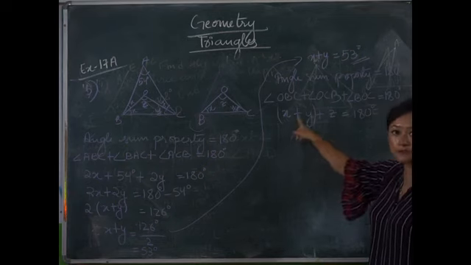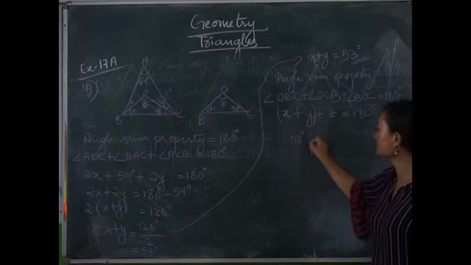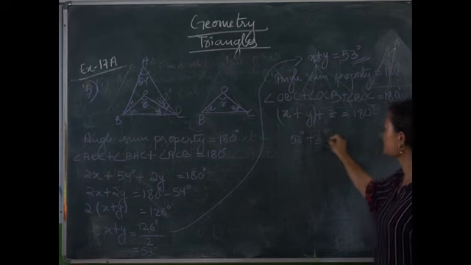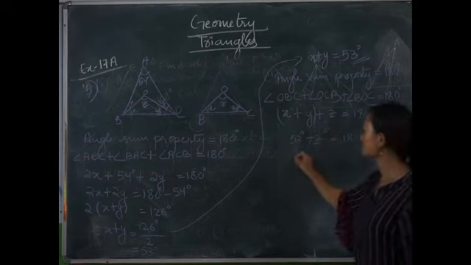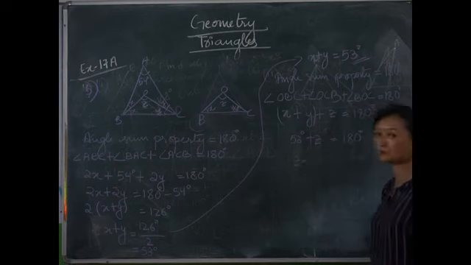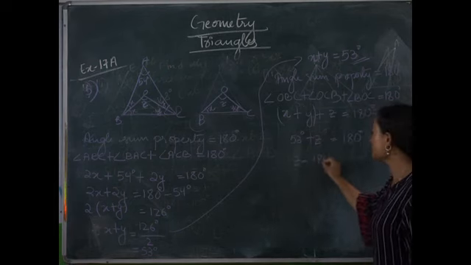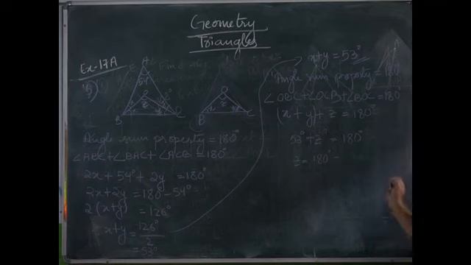So we write 53 degree plus z equals 180 degree. So z is equal to 180 degree, and plus 53 when it comes to this side becomes minus 53. So what do we get as the value of z? We get 127 degree.